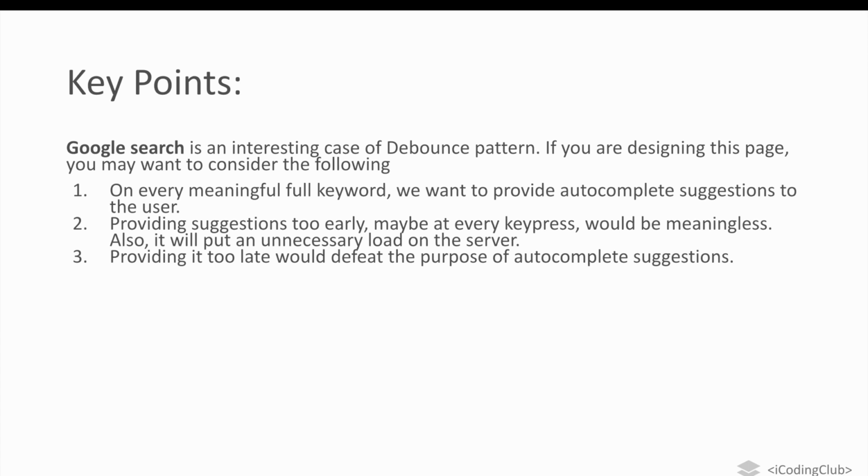The server cannot provide you any meaningful suggestion back from that keyword, so you may want to hold it down. But if you go a little bit too early, you will unnecessarily increase the load on the server. But if you are too late sending the token, then it could be too late to provide the autocomplete suggestion to the user. So a real balance is the key here, right?